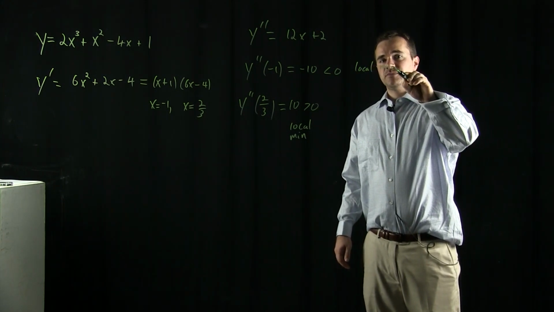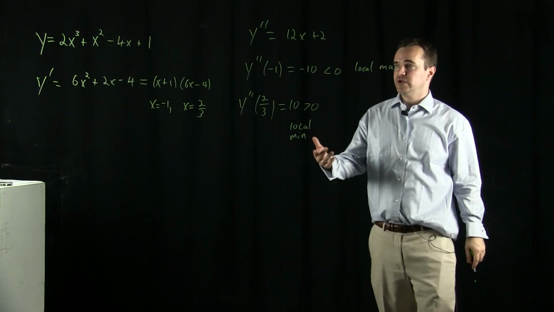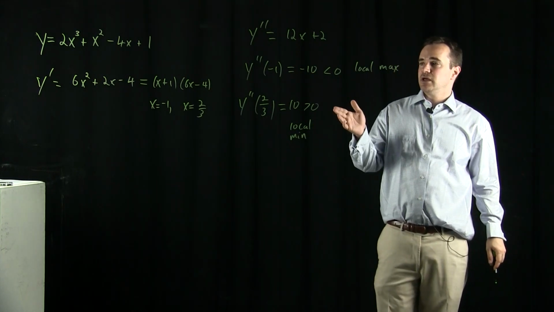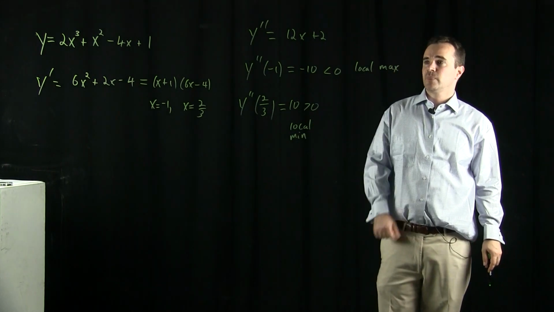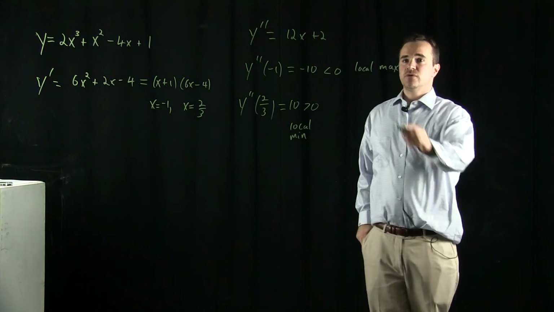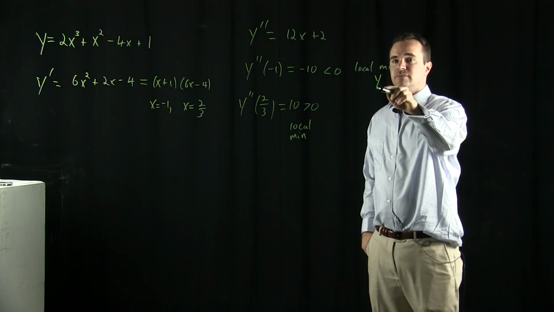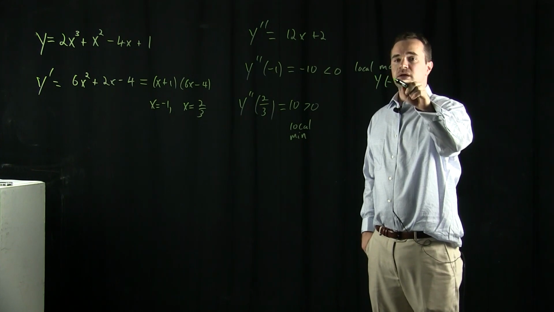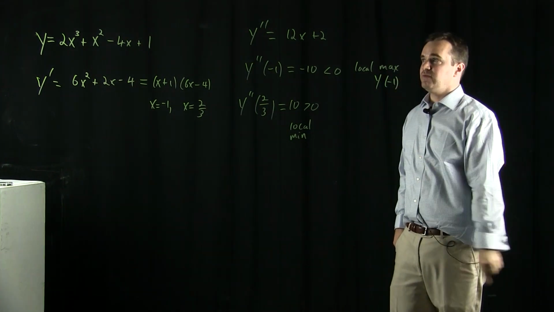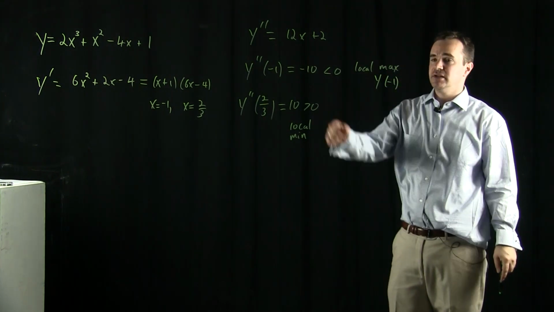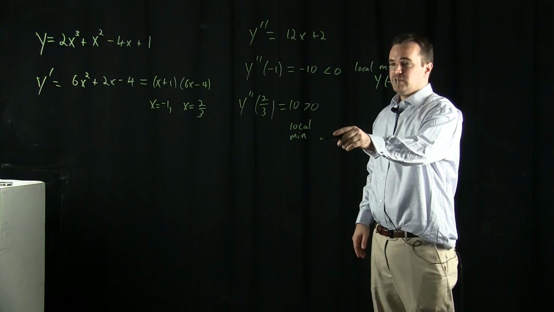And so we've answered the problem. We found the location of the critical points at x equals -1 and x equals 2/3. x equals -1 corresponds to the local maximum. The problem didn't ask this, but the local maximum is y plugging in -1. It's that y value that's the local maximum. I'll let you plug that in and see what that value is.